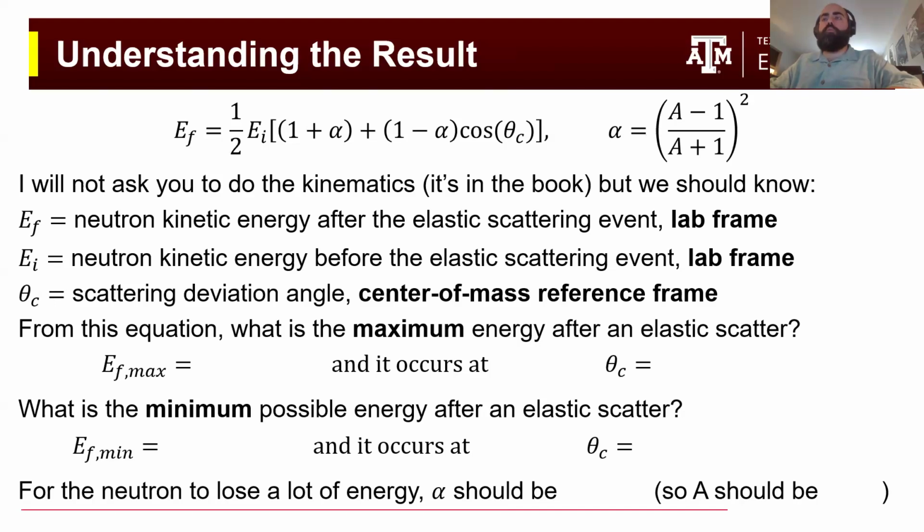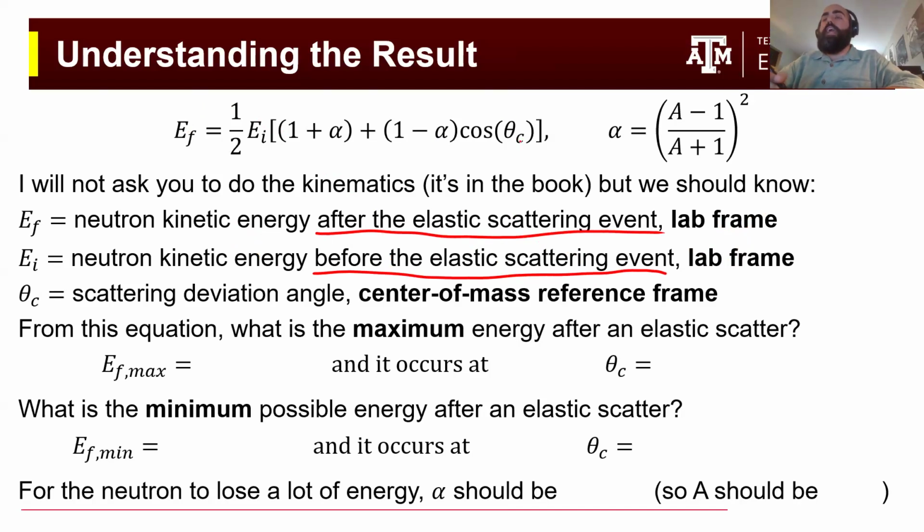Just making sure that we're defining all of our terms. EF is the final energy of the neutron, after the scattering event in the lab frame. EI is the energy of the neutron before the scattering event, also in the lab frame. Those are the values that we're used to. So this equation is in a nice form where the final and initial energies are already expressed in the lab frame.